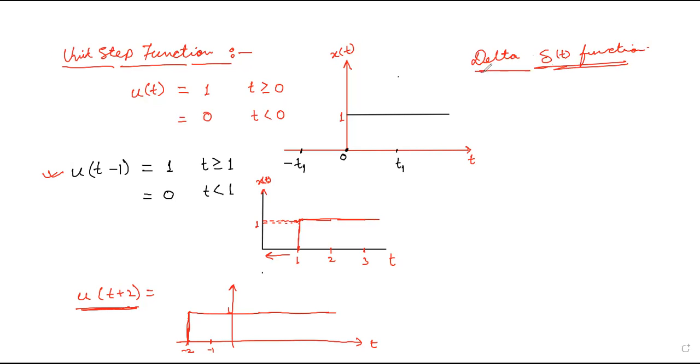Delta function. So this delta function is defined for what? Delta t is equal to 1 for t equal to 0 only, and is equal to 0 otherwise.